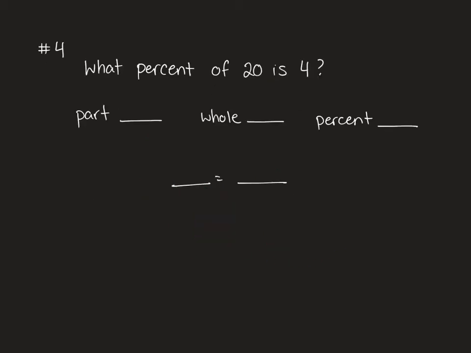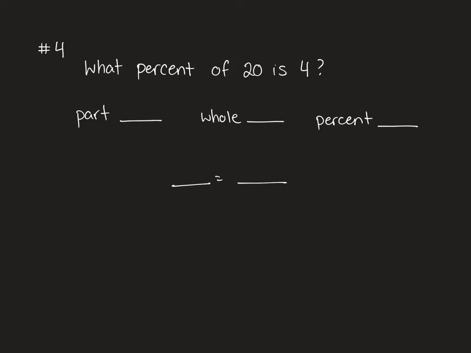Now this will look quite similar to our last lesson. It says to write the proportion to represent the percent problem. Now here's the difference. It says to solve the proportion. So we can have a question mark in this first line, but we will not have any question marks in our fractions at the end. So what percent of 20 is 4?